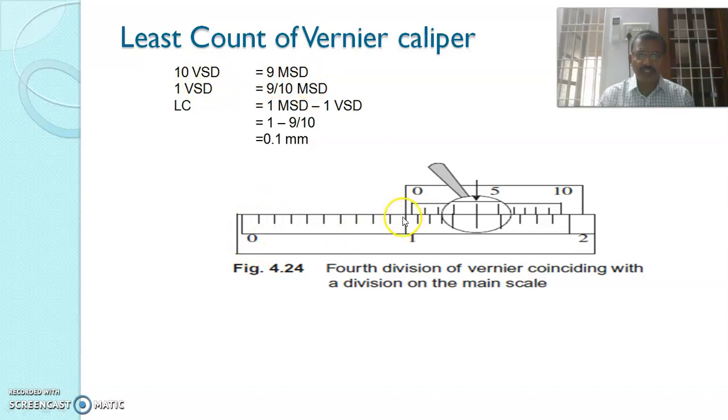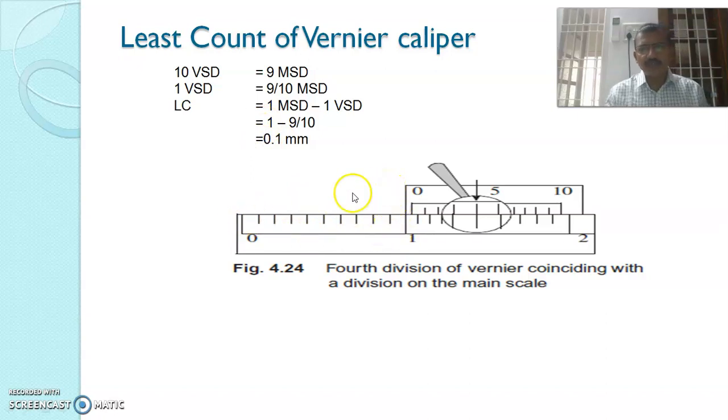See the first half of the main scale, there are 10 divisions. The length of the vernier scale, 10 vernier scale divisions, is equal to 9 main scale divisions. Can you understand?